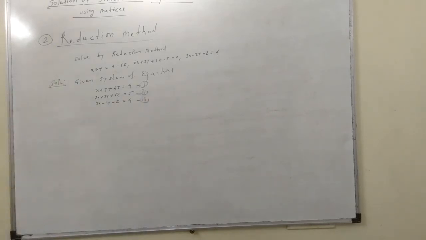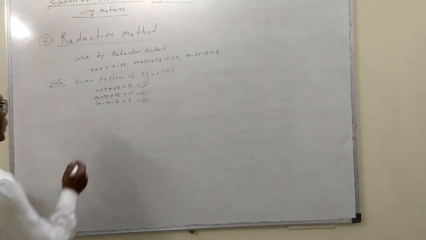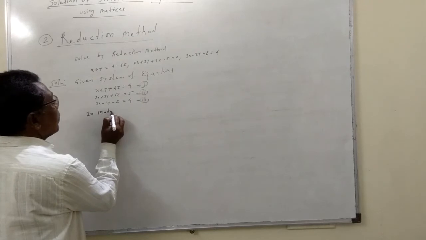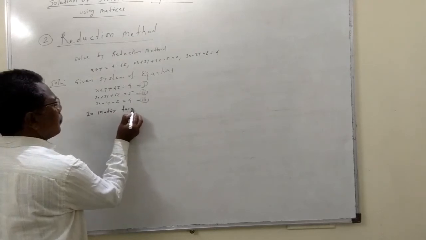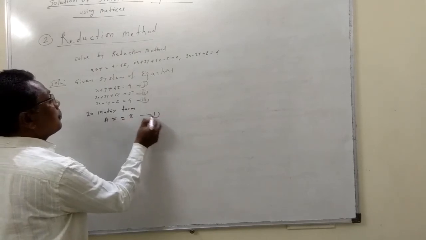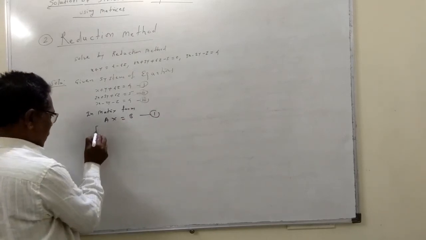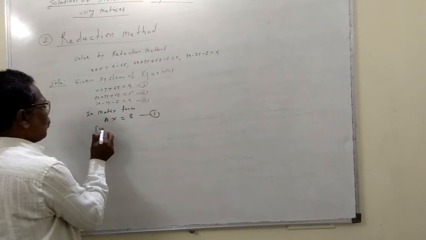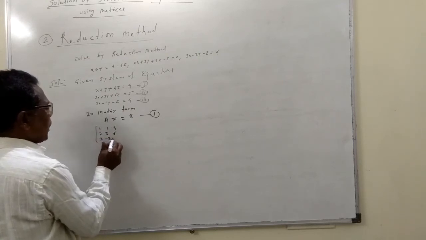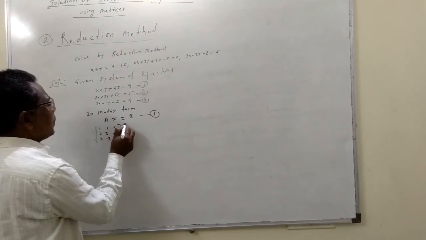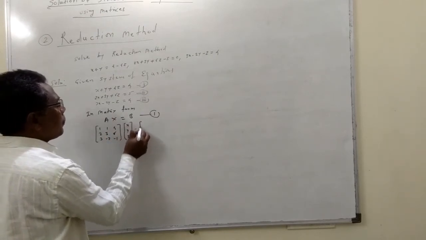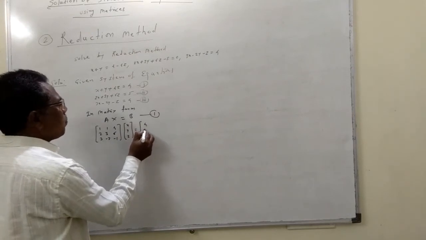Now we write this system in matrix form, that is Ax is equal to B. A means the coefficient matrix: 1, 1, 4, 2, 3, 6, 3, minus 2, minus 1, times x, y, z, equal to 4, 5, 4.